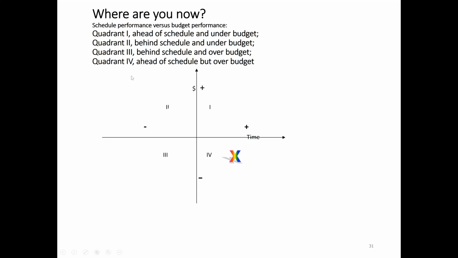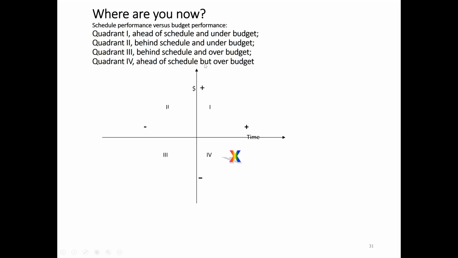Quadrant number 2, in terms of time, is behind schedule, but in terms of cost is under budget, so we are making profit. Quadrant number 3 is behind schedule, time is negative, and cost is also high, so we are over budget. Quadrant number 4: because the cost is negative, it's over budget, and in terms of time it is positive, ahead of schedule, or we are building fast.